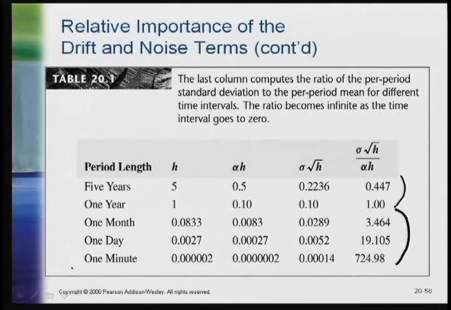In fact, by the time we get to a minute, if we're modeling time in minutes, over any 1 minute period, the effect of the volatility term will be 700 times greater than the effect of the drift term. And as we make time smaller and smaller, this factor grows without bounds.